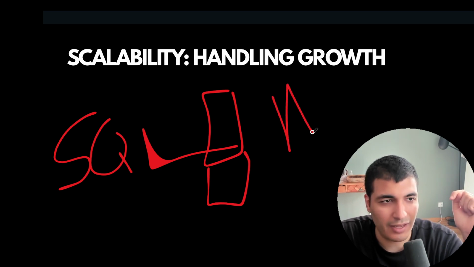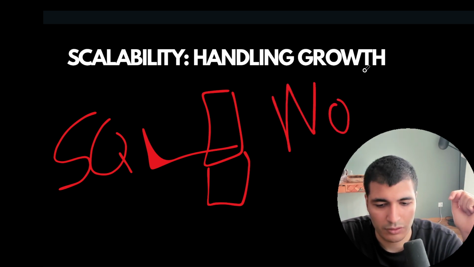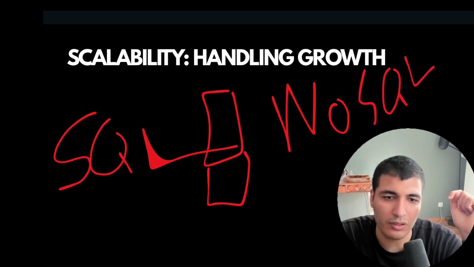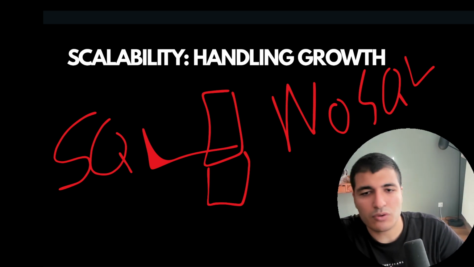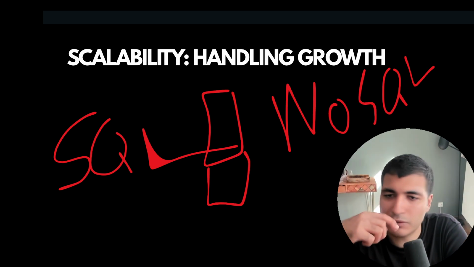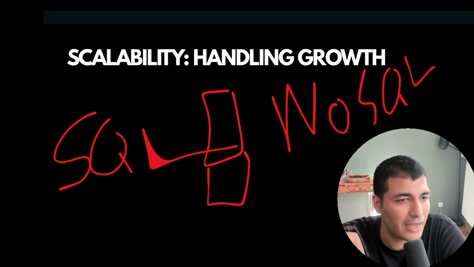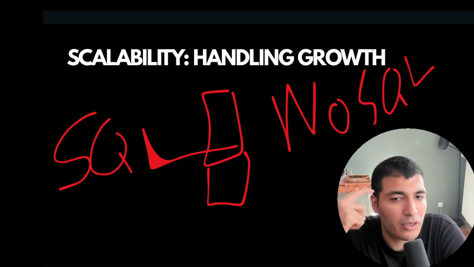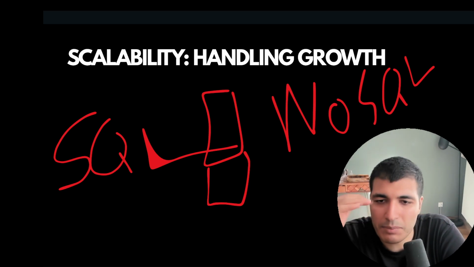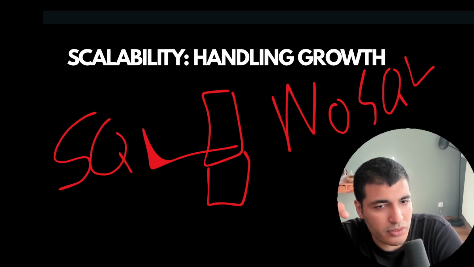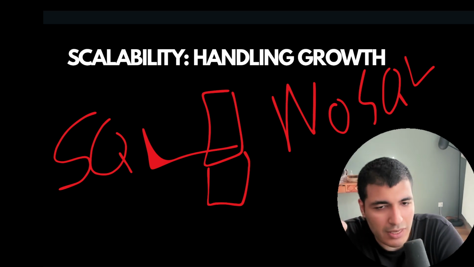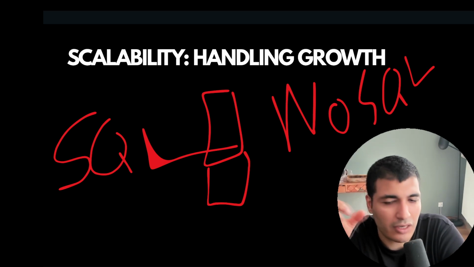Now let's talk about NoSQL. NoSQL databases, on the other hand, are often built with horizontal scalability, or scaling out, in mind. This means you increase capacity by adding more servers or nodes to a distributed system. Each node in the cluster handles a portion of the data.